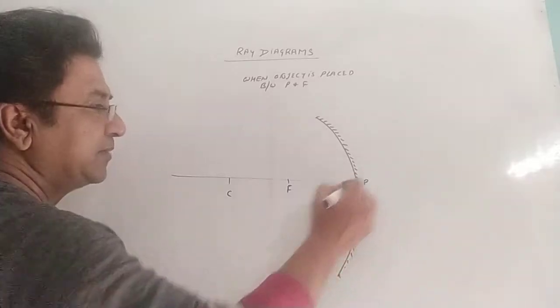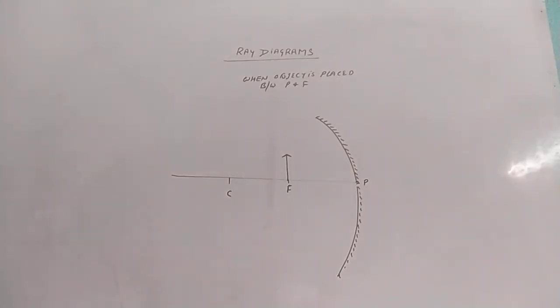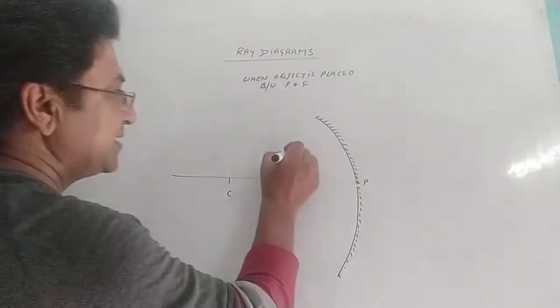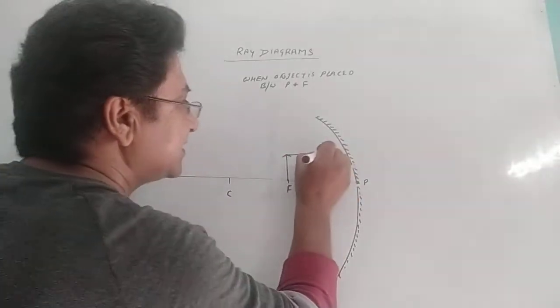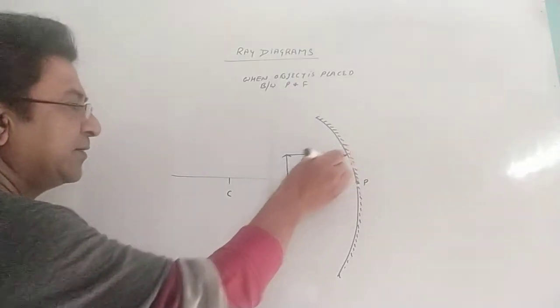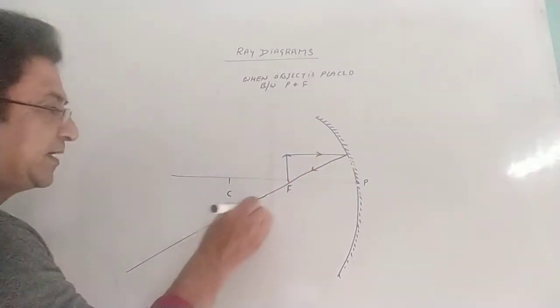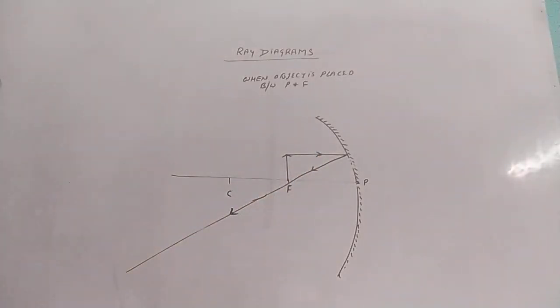Nothing will go without measurement. So now the object will be placed in front of, on the focus, the principal focus. First law: a ray which is parallel to the principal axis, after reflection passes through the focus. So this ray is passing from the focus after reflection.